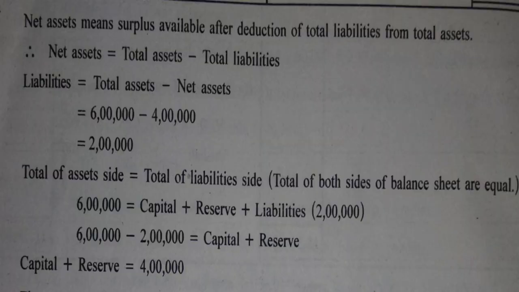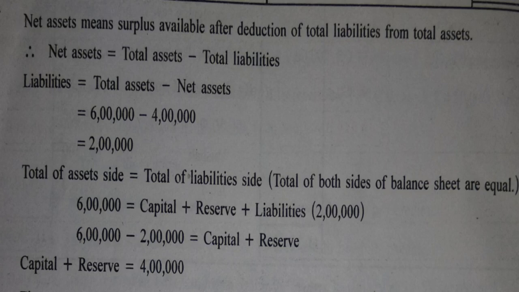Net assets equals total assets minus total liabilities. So we have the answer for net assets. We also have an answer for total assets. So what are the total liabilities that we are supposed to find out? So liabilities are given here. And the formula says total assets minus net assets.